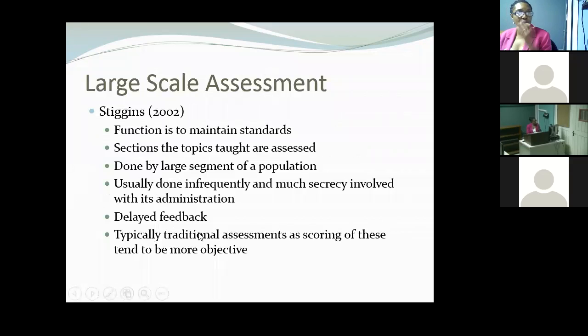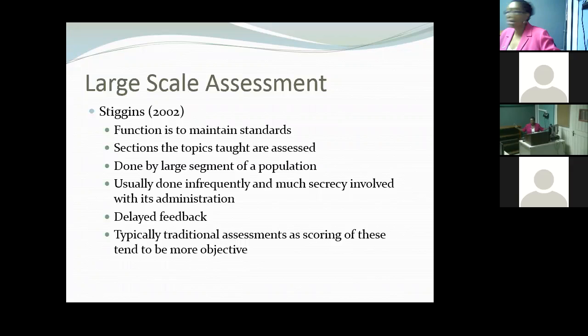So let's talk a bit now about what we mean by large-scale assessment. We talked about this in a series of reminders now in terms of what these are. When we think of large-scale assessment, think about what you would get on your CSEC examination, or your GSAT, or your CAPE, or your grade 4 literacy, or your SAT and GNAT.